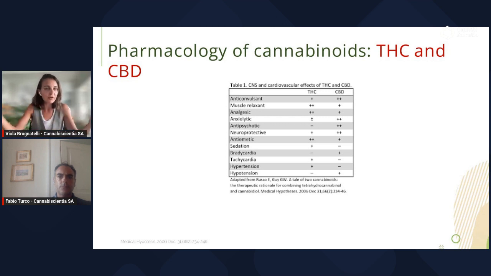So there is going to be some continuity over, instead, a naive use and just one-time use. It's going to be a different metabolism and an elimination.